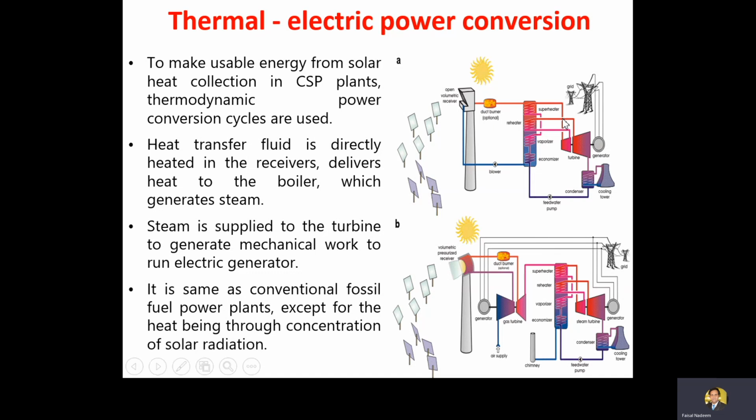The steam from this heat exchanger is then thrown on the turbine, and due to that high pressure steam, the turbine starts moving, and the movement of the turbine results in the movement of the rotor of the generator, and ultimately the power is produced. The water that has gained the heat in this heat exchanger, after passing through the turbine, has lost its heat, and now it is a steam or condensed liquid at a low temperature.